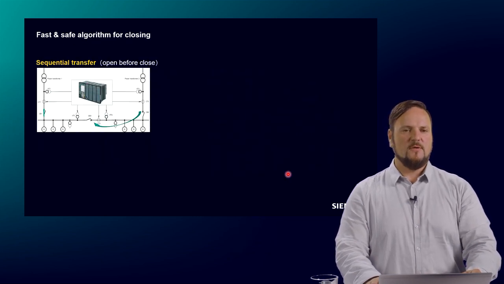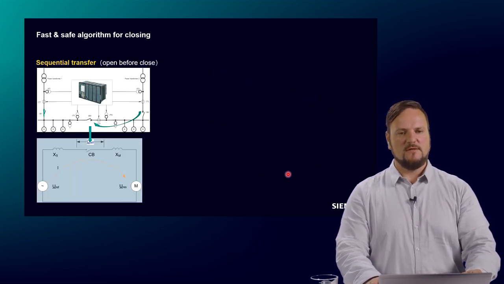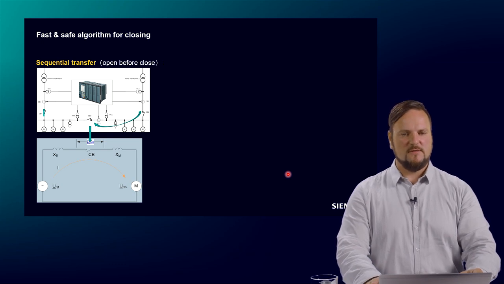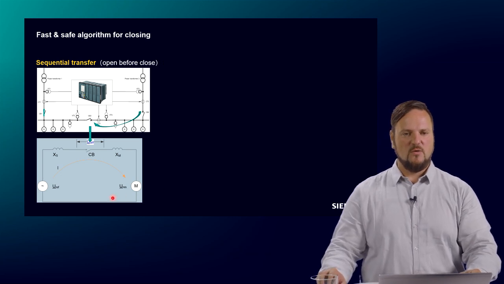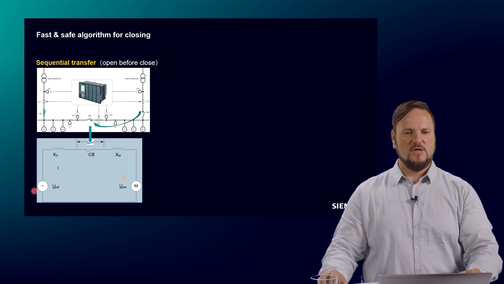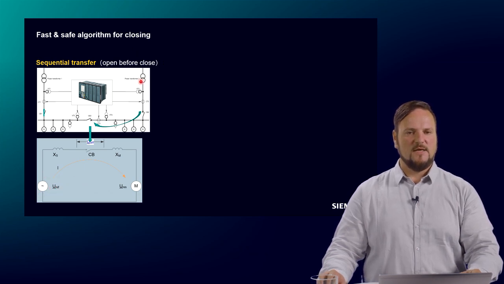So when we talk about the sequential transfer, then we have to think about the equivalent of the circuit, and then we see we have influence from the residual voltage to the reference voltage. The residual voltage is the voltage on the motor bus, on the motor, and the reference voltage is the voltage which we are measuring from the alternative source, for example.